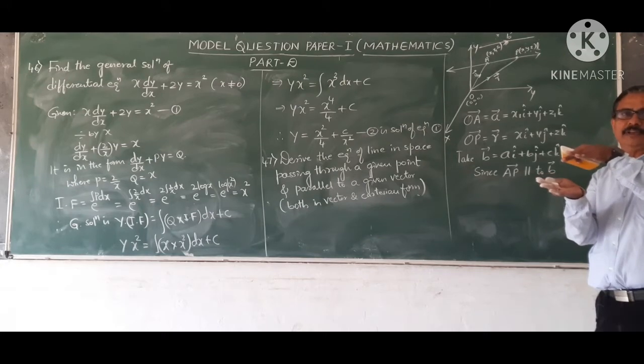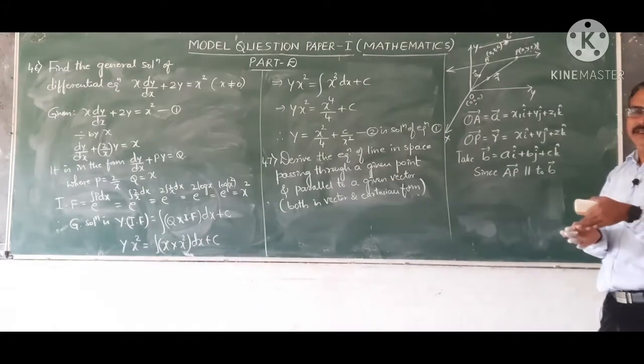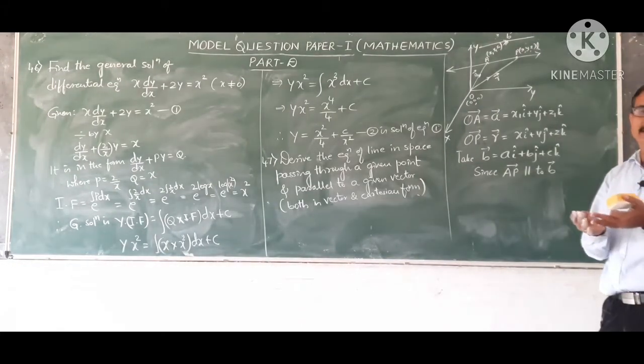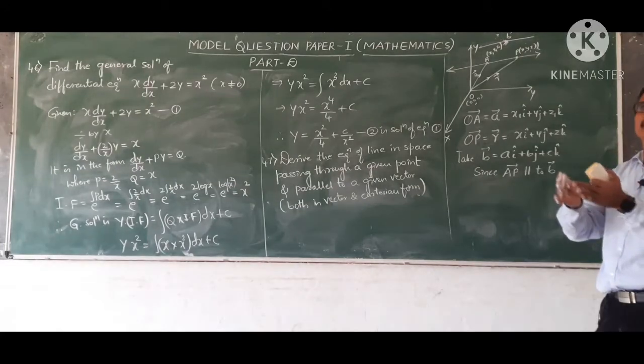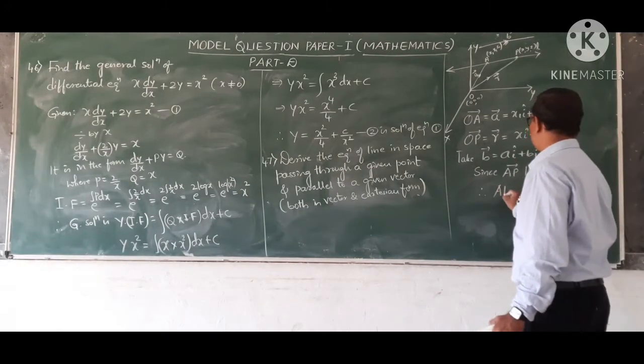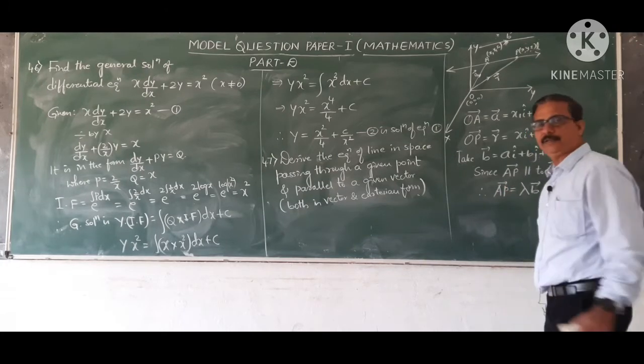Parallel is nothing but collinear. As you know, two vectors are parallel or collinear: the condition is that the coefficients of ijk are proportional, or another condition, one vector is equal to some constant into another vector. Therefore vector AP is equal to some constant, say lambda, into vector B.